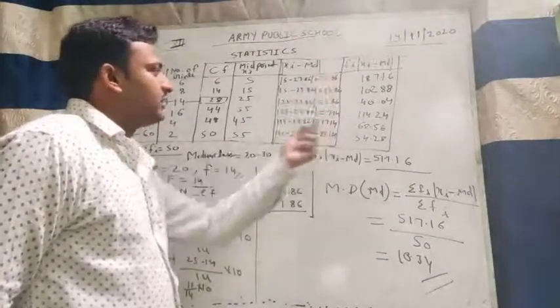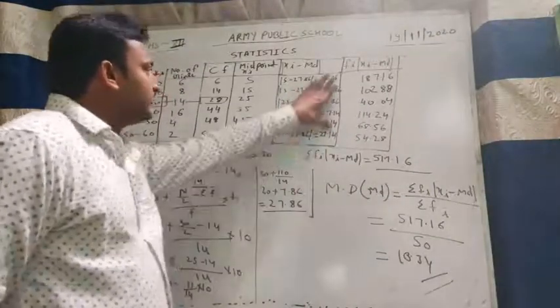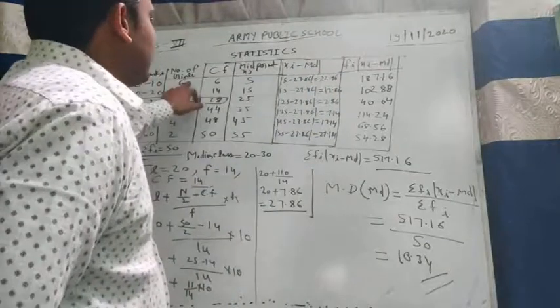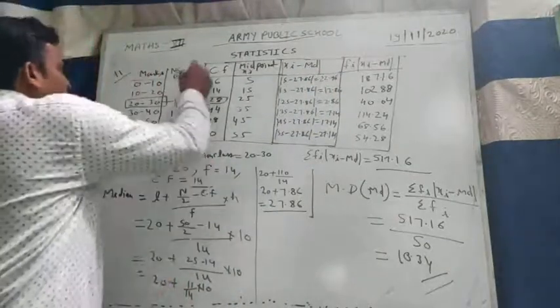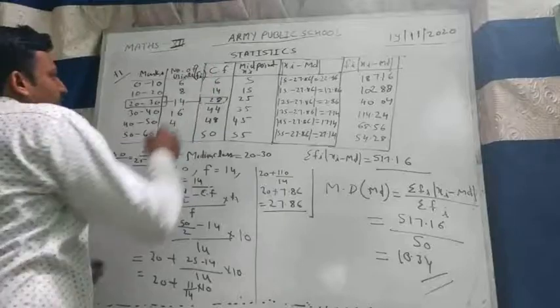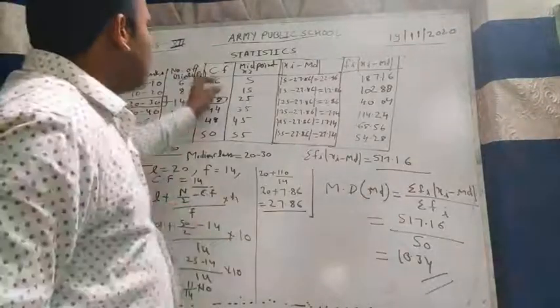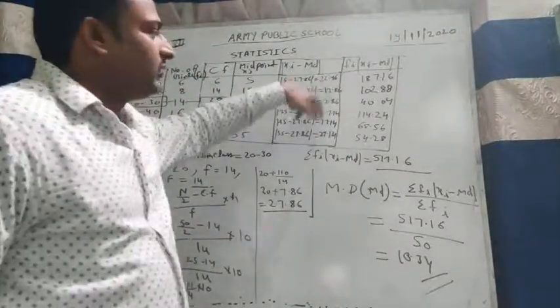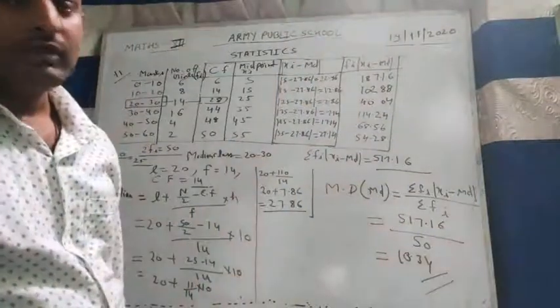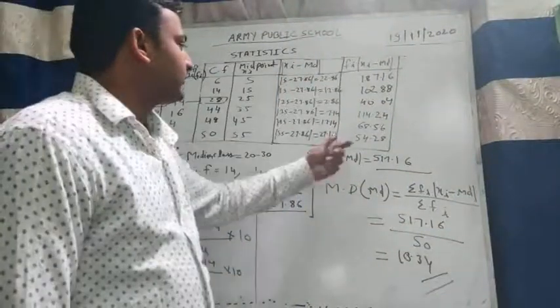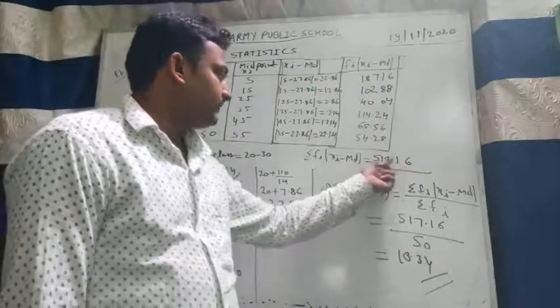So we have obtained these, and now this result we will multiply with the frequency Fi. This is our frequency Fi. So multiply all terms with this modulus xi minus median, we get this.